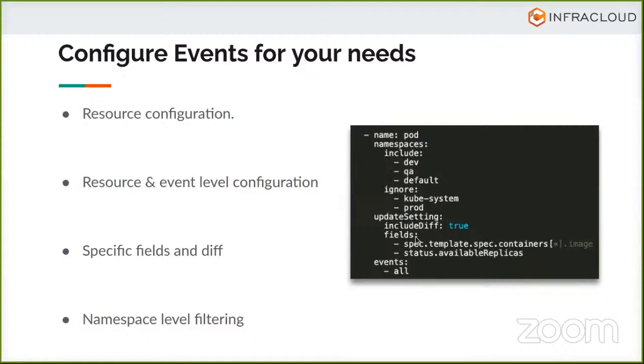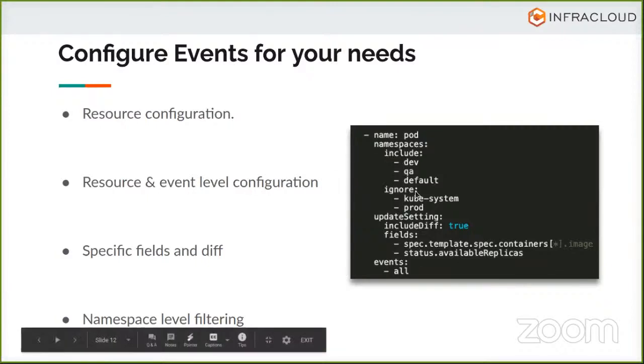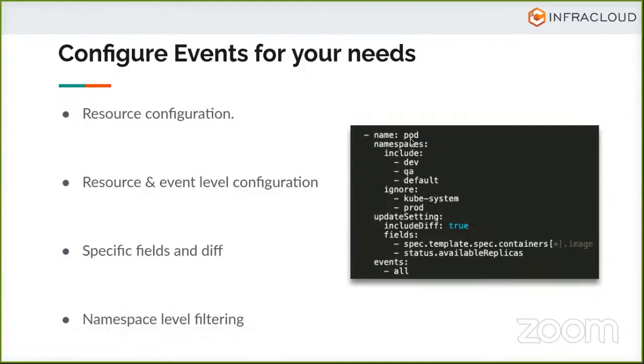And if you look at the configuration, BotKube has very fine-grained configuration through which you can make BotKube notify you about only the resources you are interested in. This is the typical format of resource configuration. Obviously you need to specify which resource you want to monitor.